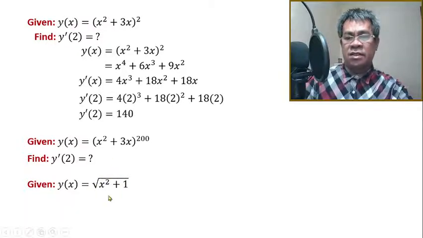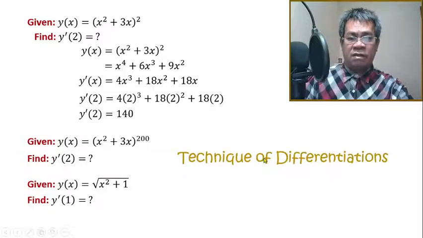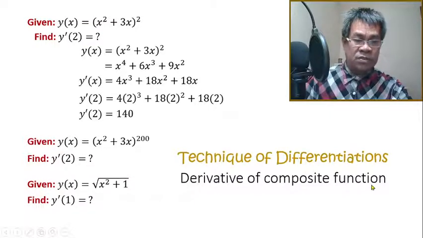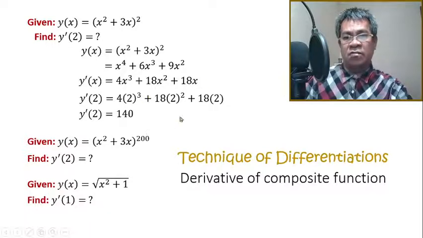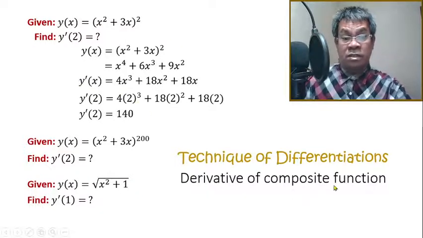So we need to go for the technique of differentiation, which is finding the derivative of composite functions. All functions that cannot be handled by the fundamental theorems of differentiation are considered composite functions.